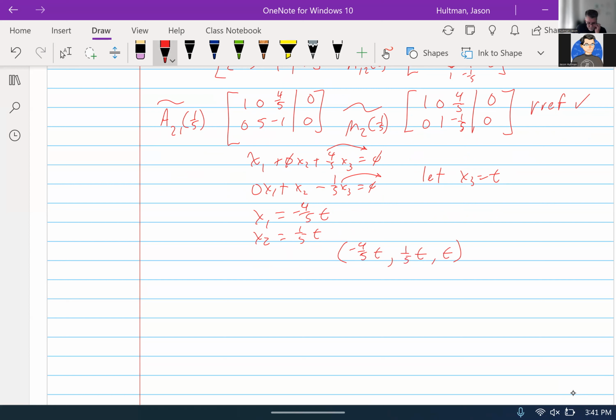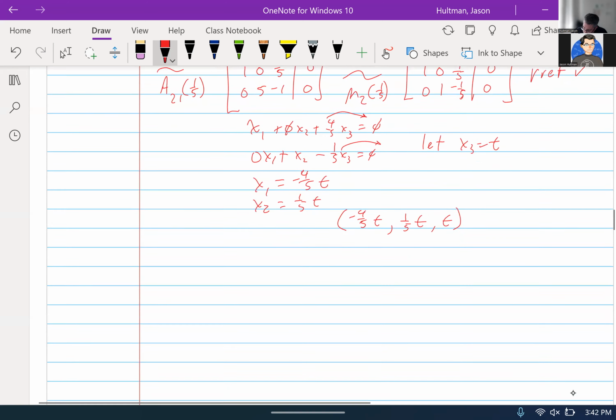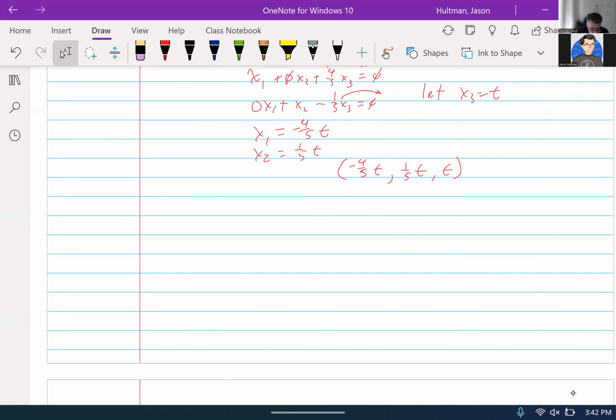Okay. And so not only is this a subspace, but it is a null space as well, of R3, or C3, whichever you want to say.